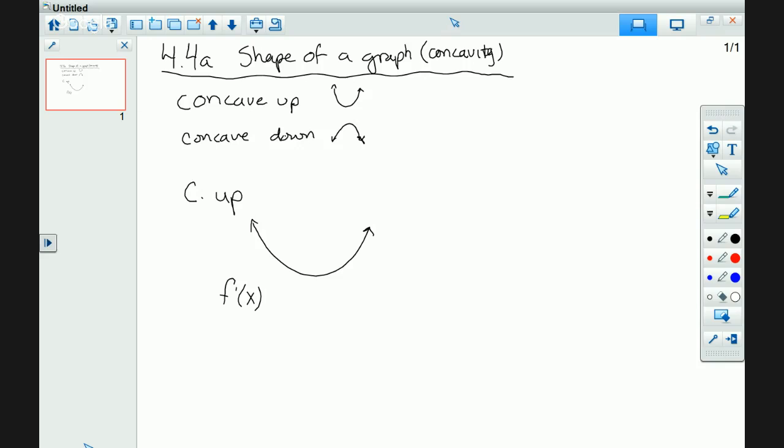Let me do these in a different color. Think about the slopes of the tangent lines. What's happening to those?